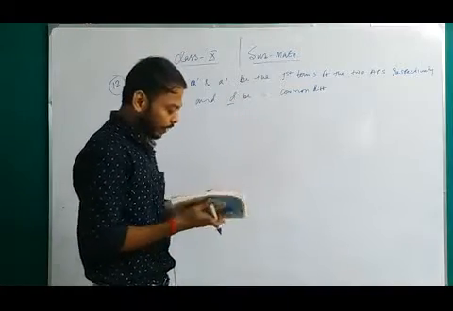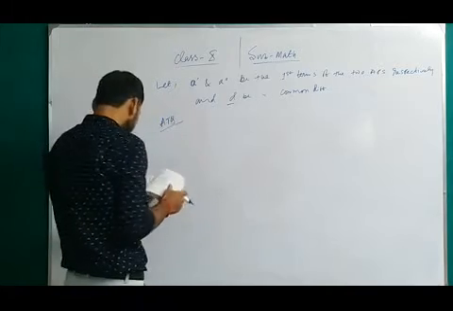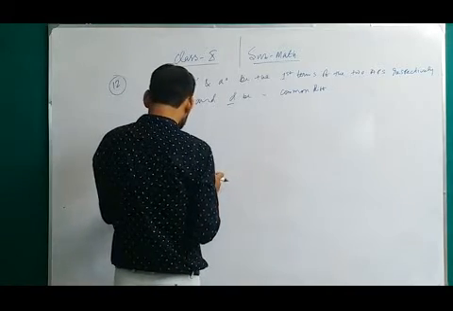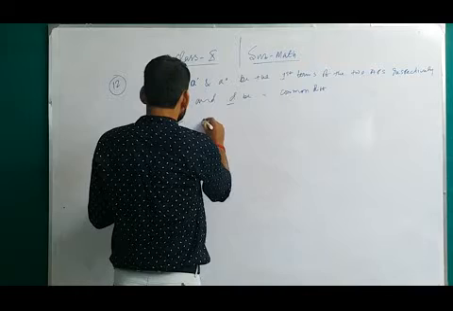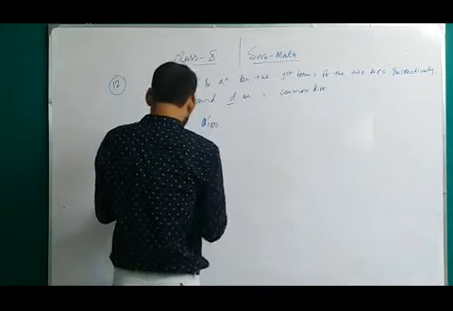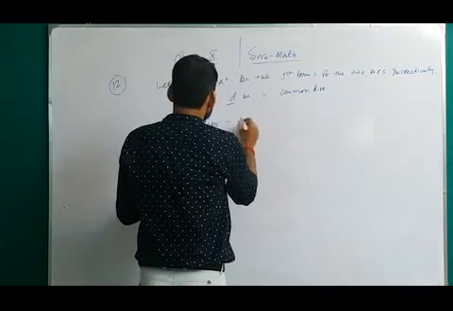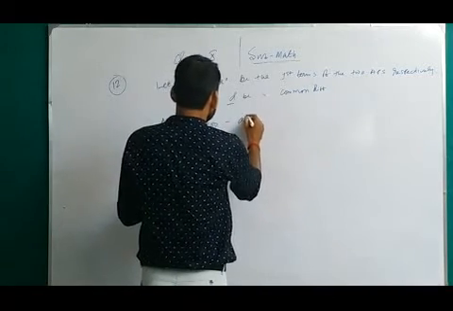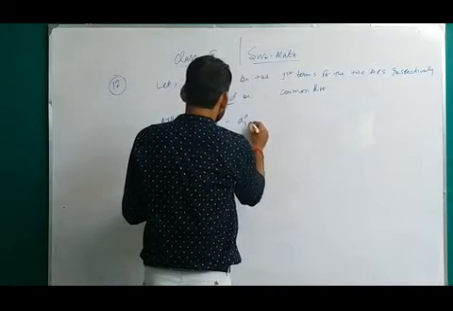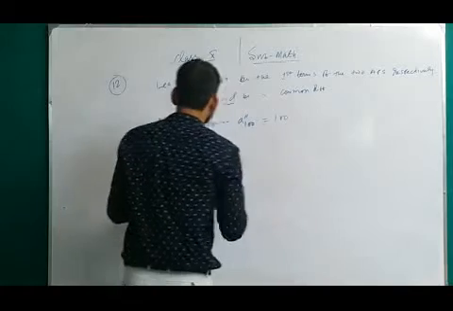Now according to the question, it is given the difference between their 100th term, that is a prime 100 minus a double prime 100, equals 100.